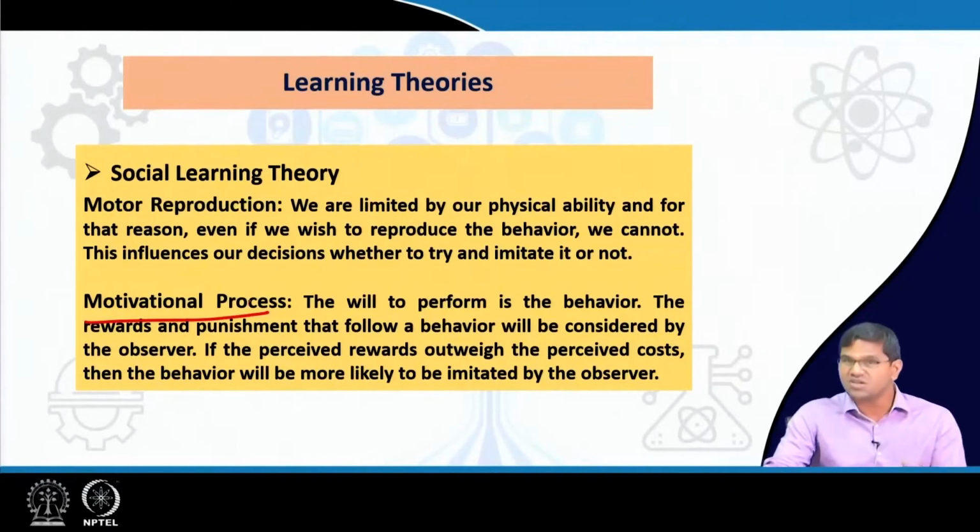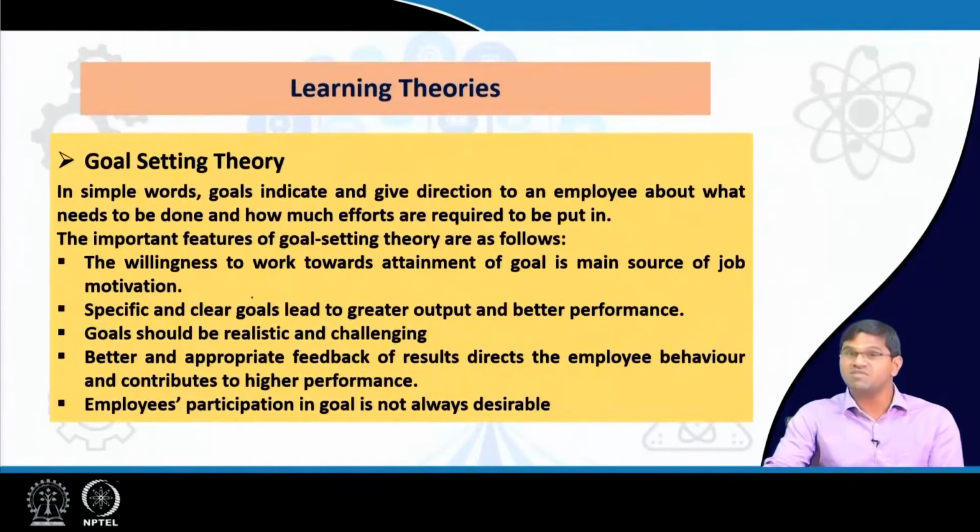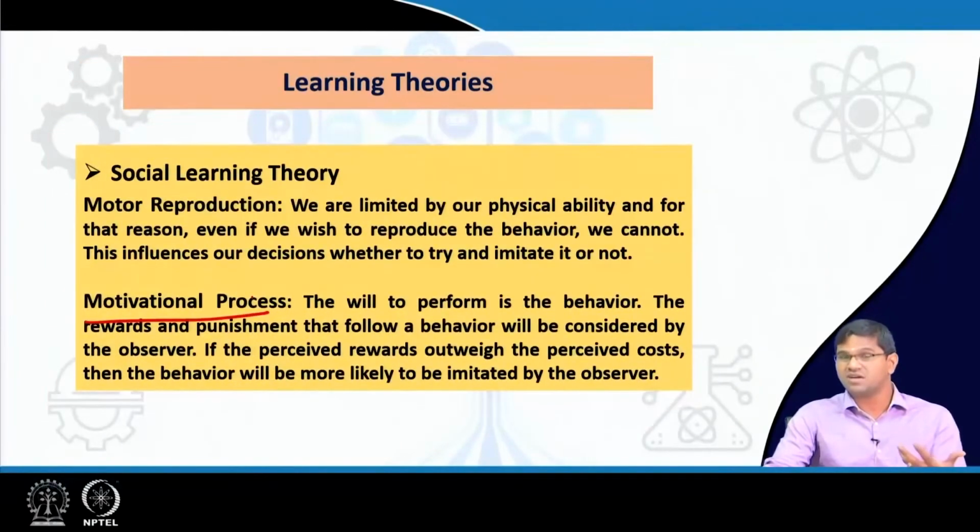This is the social learning theory, which talks about how an individual will learn by observing people. Why this becomes important in understanding training is what type of method I can use. You will be able to show videos or show how people carry out a particular task, meaning that people can learn by seeing how others are doing. For example, in laboratory experiments, we would have seen that there is a demonstrator who demonstrates how to do this.